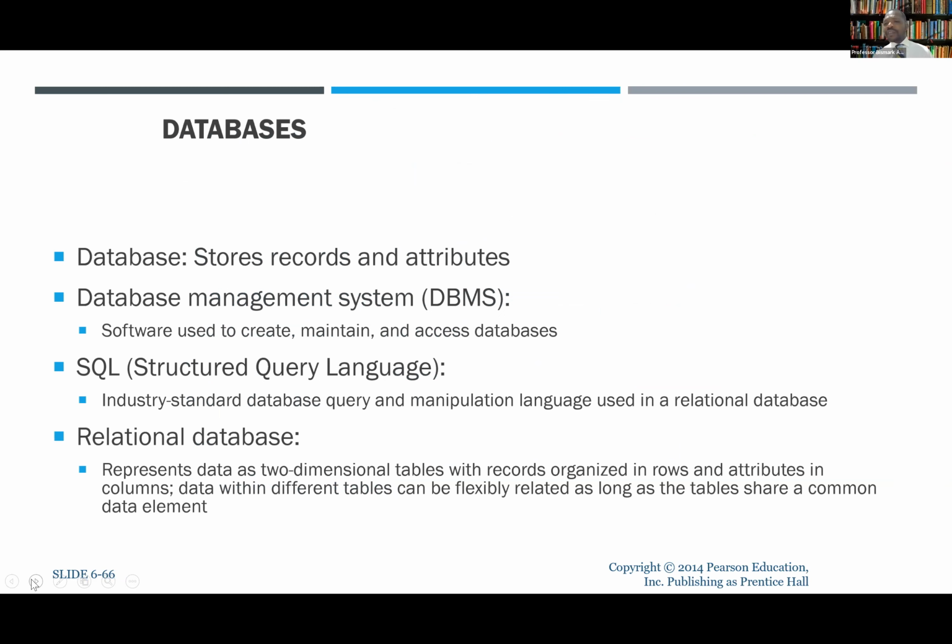We also have SQL, structured query language, the industry standard database query and manipulation language used for relational databases. A relational database represents data in two-dimensional tables with records organized in rows and attributes in columns, and data within different tables can be flexibly related as long as the tables share common data elements.